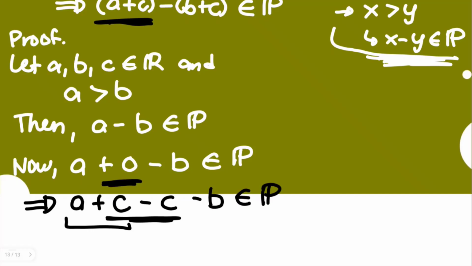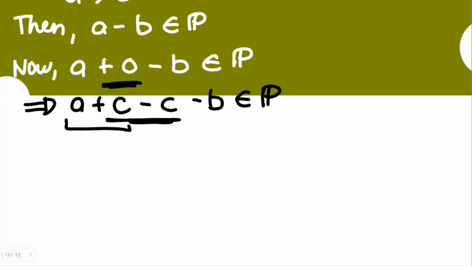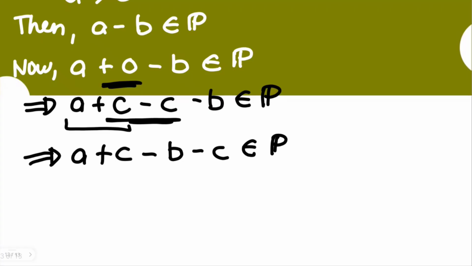We don't have B plus C yet, but we can see negative C and negative B here, and we are getting closer to that. So what if I rearrange this as minus B and minus C? We are using the commutative property, so we are just interchanging these two terms and it doesn't hurt.